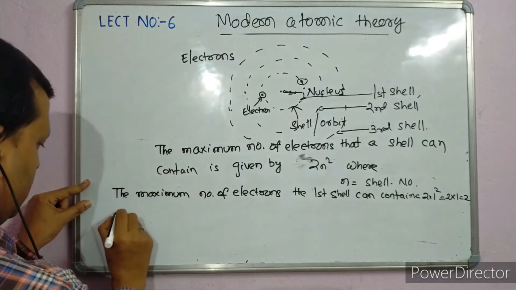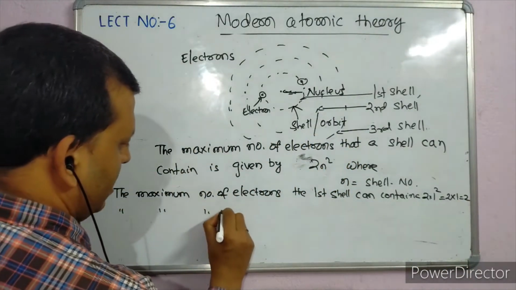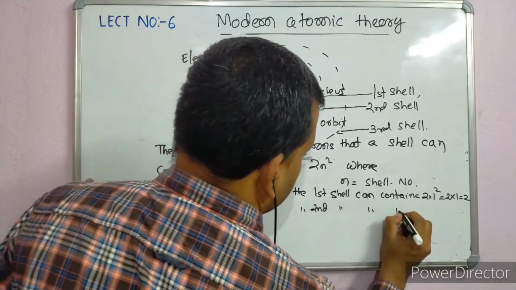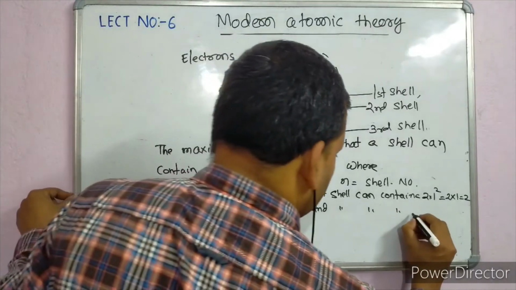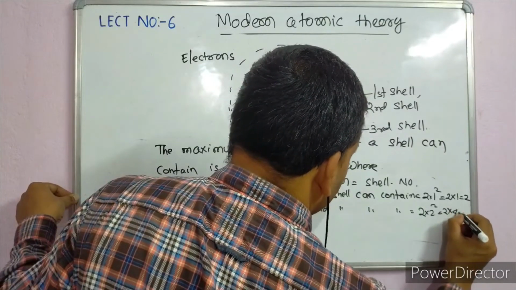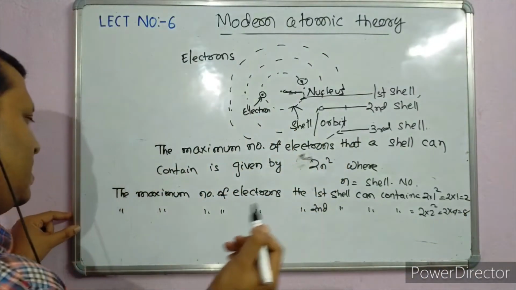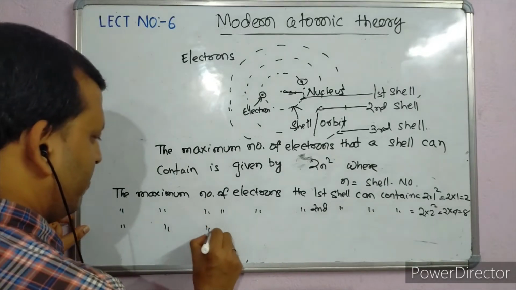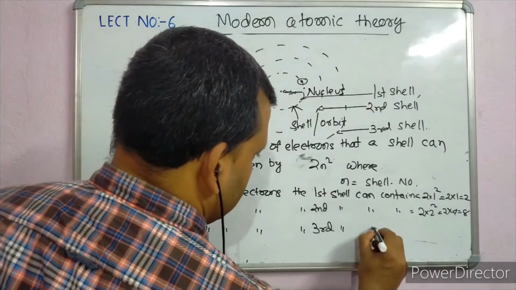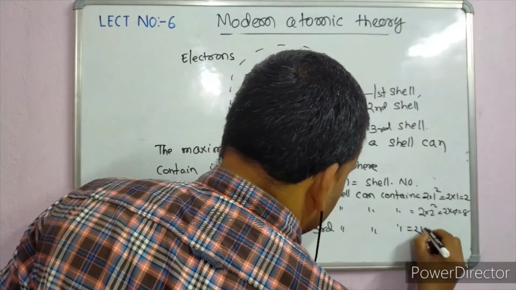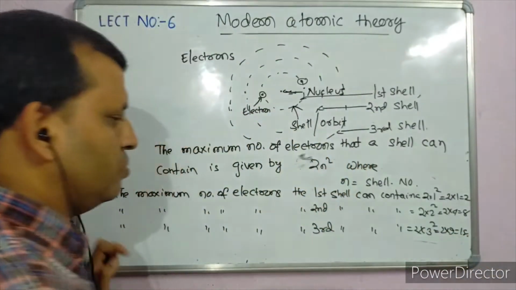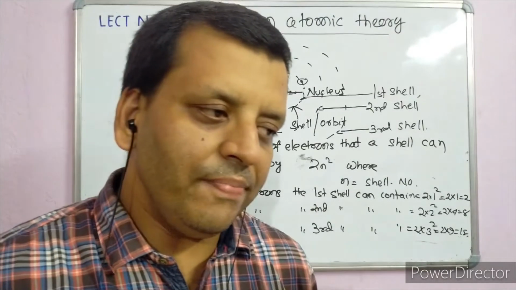Similarly, the maximum number of electrons the second shell can contain is 2 into 2 square, that is 2 into 4, which is 8. Similarly, the maximum number of electrons the third shell can contain is 2 into 3 square, that is 2 into 9, which is 18, and so on and so forth.